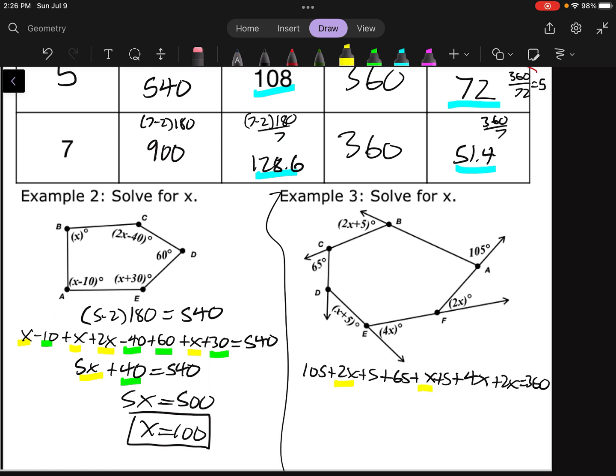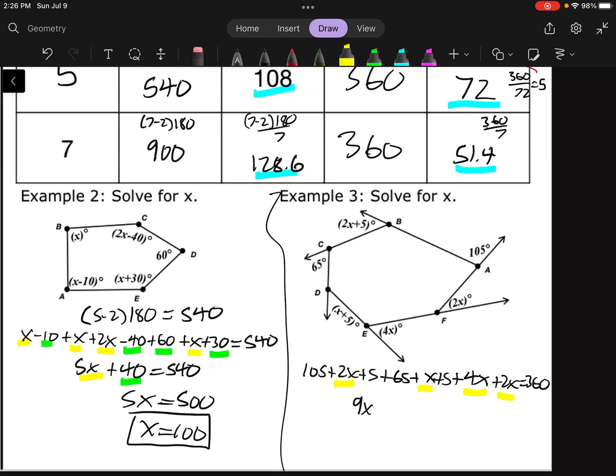Let me make sure I added that up right. 2x plus x is 3x. Oh, yeah, that's just 9x. I don't know where I got 11x.